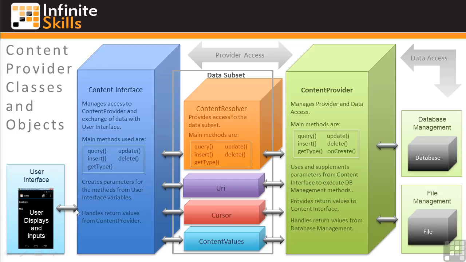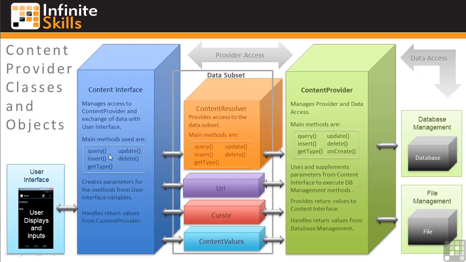It then uses the 5 key methods: query, update, insert, delete, and getType to interface with the data subset, which in turn feeds the content provider, which in turn invokes database management to update and retrieve data on the database. The content interface also handles return values that flow back through this same chain and are passed back to the user interface.